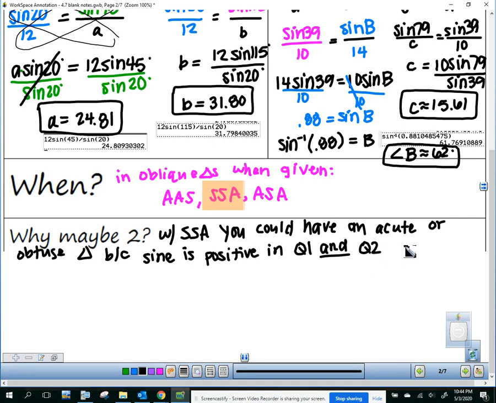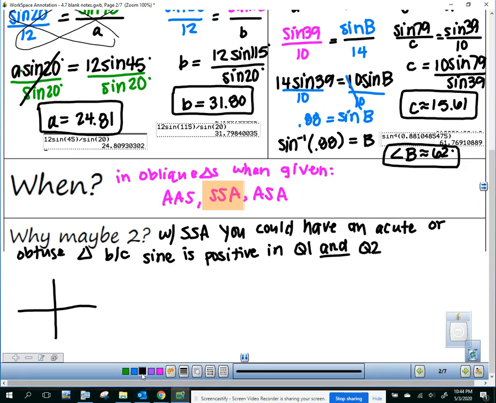Quadrant 1 is your acute angle, 0 to 90, and quadrant 2 would be 90 to 180. Anything within that boundary could be an angle within a triangle.